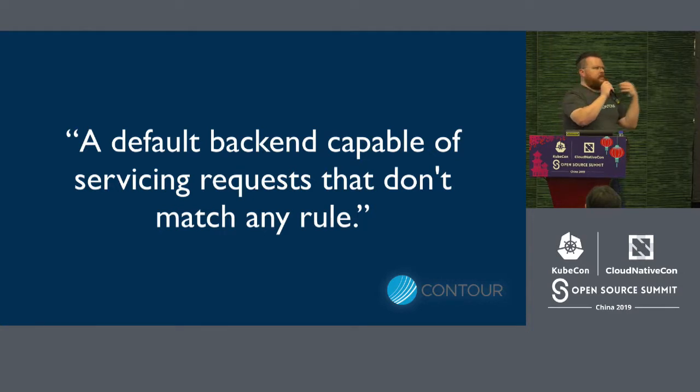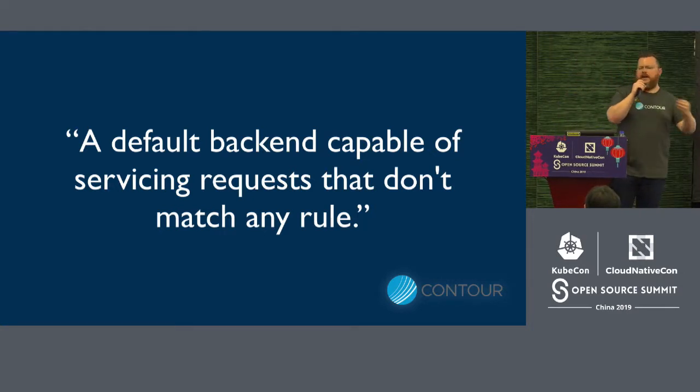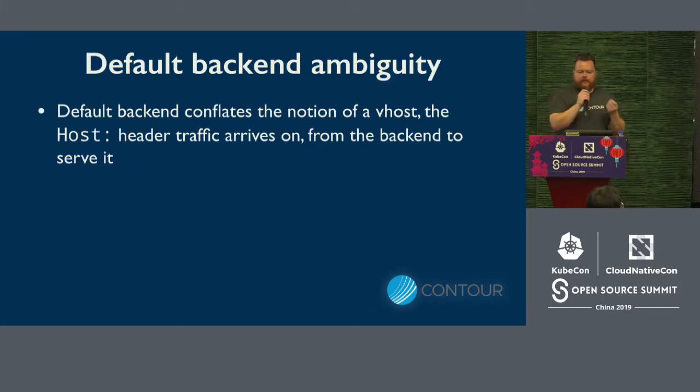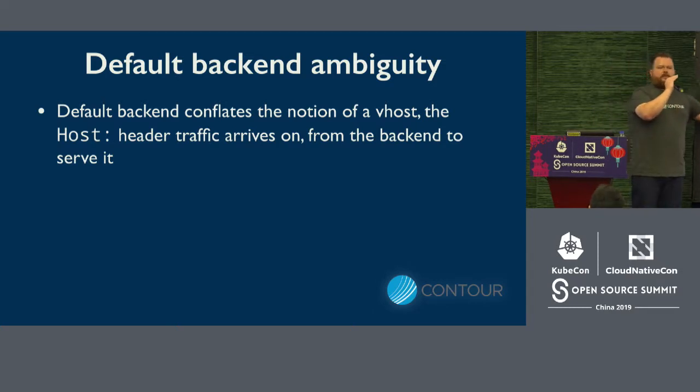It's these kinds of ambiguities which are left to the interpretation of the implementer. People like me, the Nginx Ingress Controller, Traefik, Ambassador, everyone implementing the spec, we have to use a lot of our imagination, because you saw the specification is very, very thin here. It doesn't tell us what to do. The default backend conflates the notion of a virtual host, like www.microsoft.com, which is the host header that the traffic will arrive with, with the backend that's going to serve it.